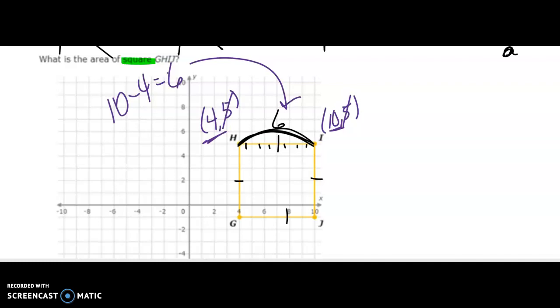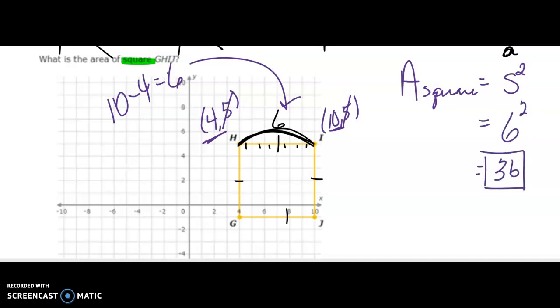And so the area of a square, how do we find area of a square? We know a side, and then we square it. So if I know a side is 6, and I square it, I get 36. Okay? 36 is the area of that square.